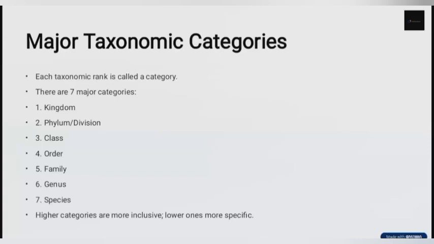Okay, so let me run through these 7 major categories again. Number one is kingdom. This includes every organism with either mode of nutrition and some structures. Naming down to human beings, in kingdom, humans belong to Animals. Under phylum, we belong to Chordata, because we have a backbone.